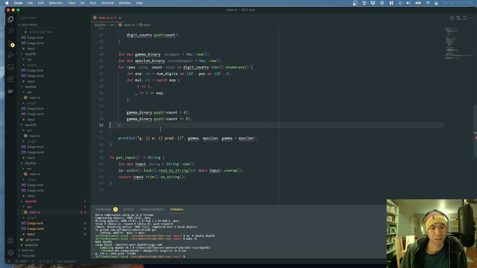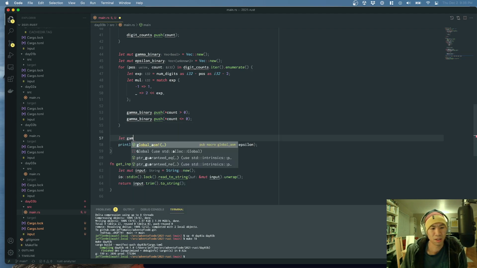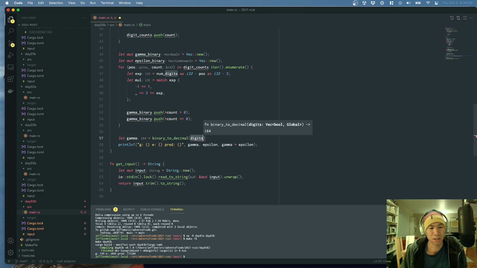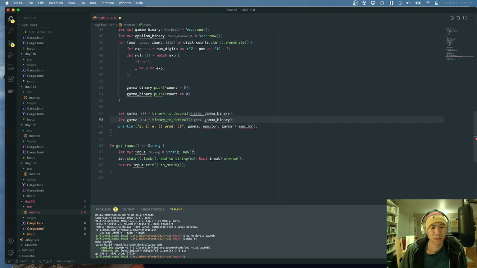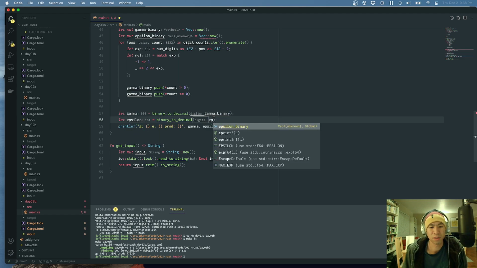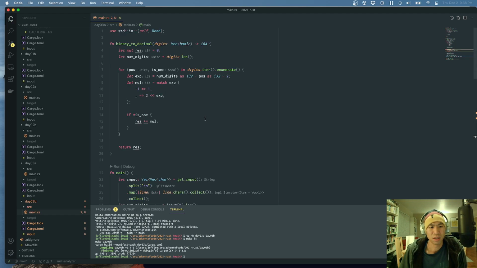And then we can calculate gamma by doing binary to decimal of gamma binary. And epsilon here is epsilon binary.